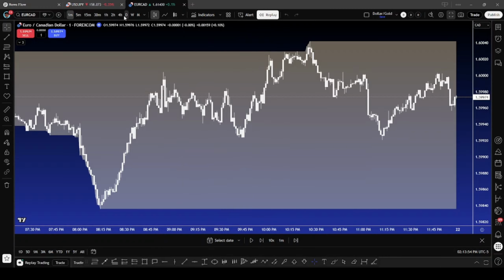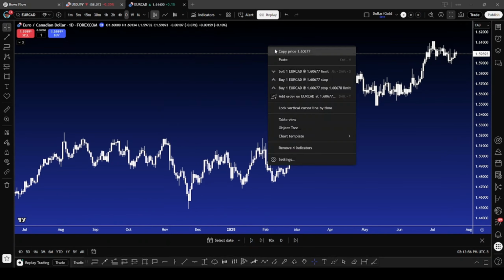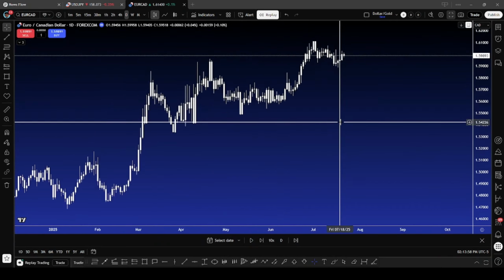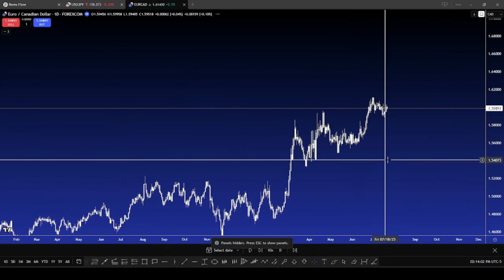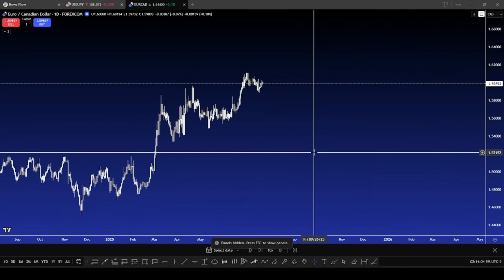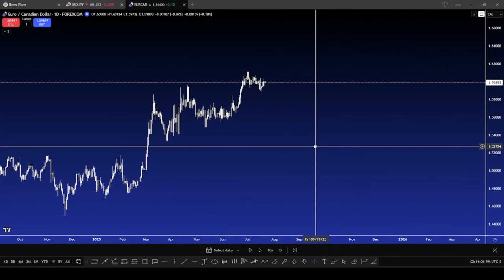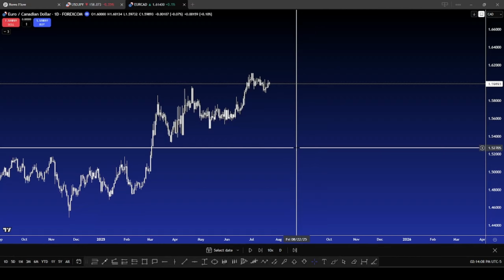What I like to do is go to the daily time frame or any higher time frame to try to determine what the market structure is and what the overall trend is. Remember when I told you about that framework? The number one thing was finding the trend. The number two thing was confirming the trend on a lower time frame.